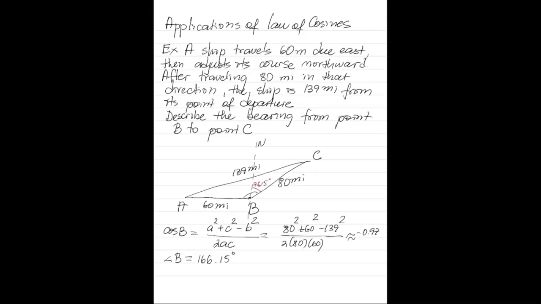So we say 166.15 minus 90 degrees equals 76.15. That's the angle from the north-south direction. So we write this as north 76.15 east. And that's the bearing. And that concludes 3.2.